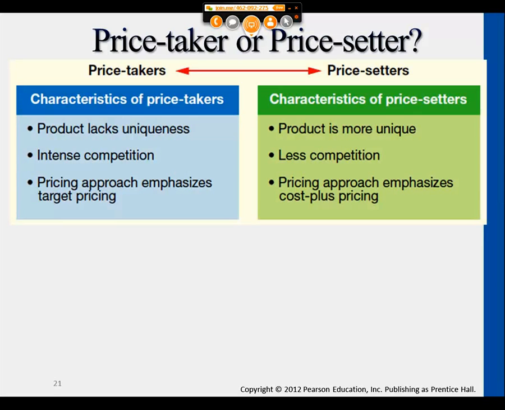That means that the customer can go to another one and still satisfy the needs. Intense competition, when I have many businesses producing a similar product, not very unique. And then the pricing approach emphasizes target pricing.